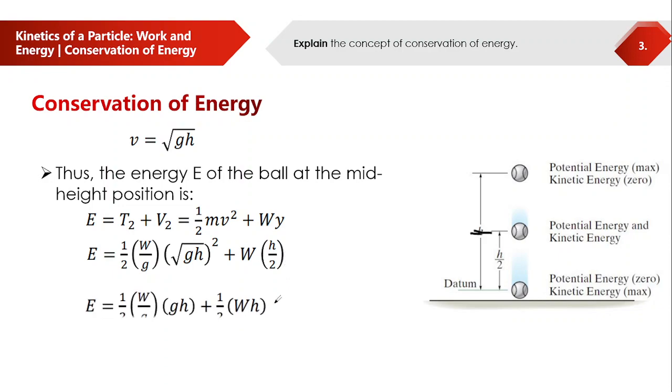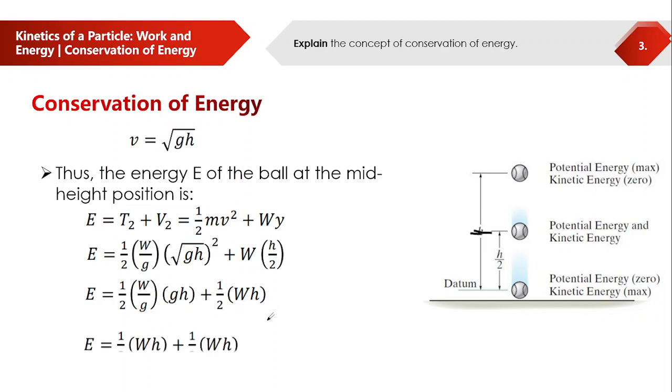Okay? So, your E now is equal to 1/2 of W over g, gh, na-cancel out yung square sa square root mo, 1/2 WH, okay? So, W over g times g, makakancel out tong g na to. So, matitira din to is 1/2 WH plus 1/2 WH. And therefore, E is equal to WH pa din. Okay? Same thing sa initially, no?